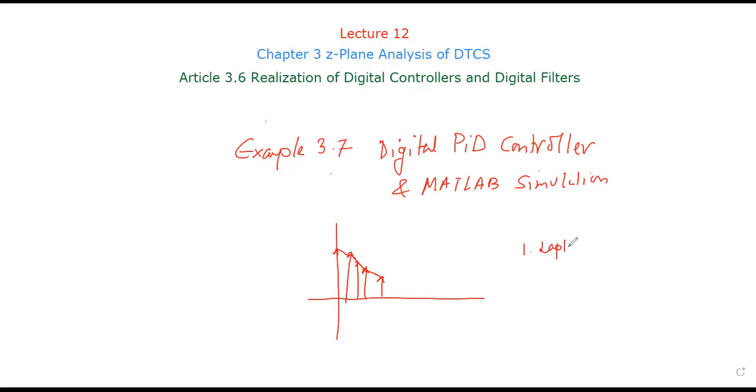You either use the Laplace transform method, and secondly, the modified Z transform method, and finally, the state space method.